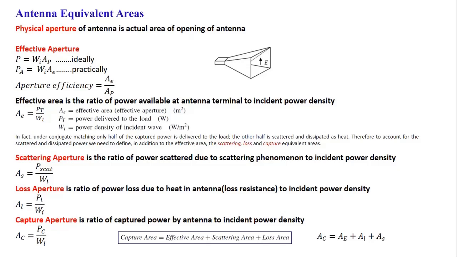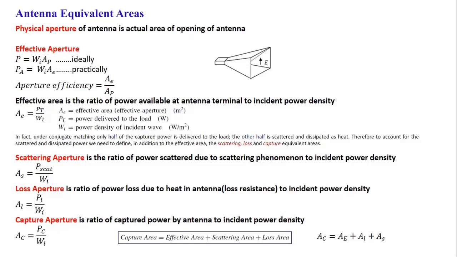Before going to the scattering aperture, we will see what scattering is. Scattering is the phenomenon happening at the corners and the bendings of the antenna. Whenever the electromagnetic wave is incident on such corners or bendings of the antenna, these waves also start bending, and because of this the scattering of signal occurs, which in turn results in the loss of signal.